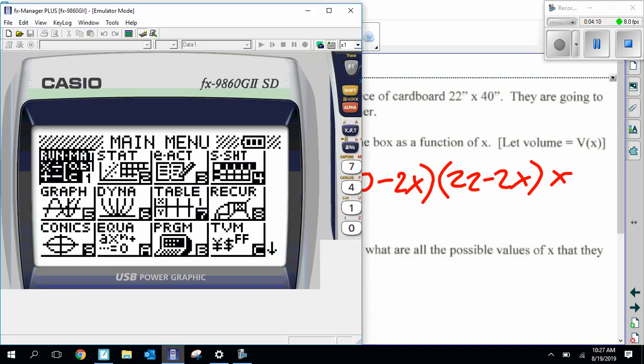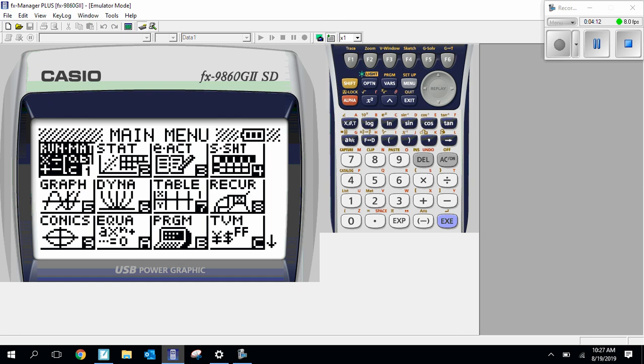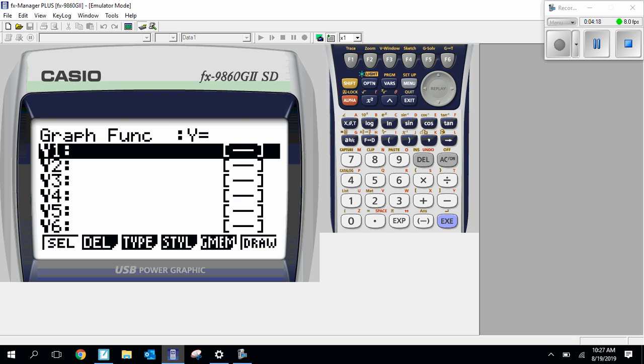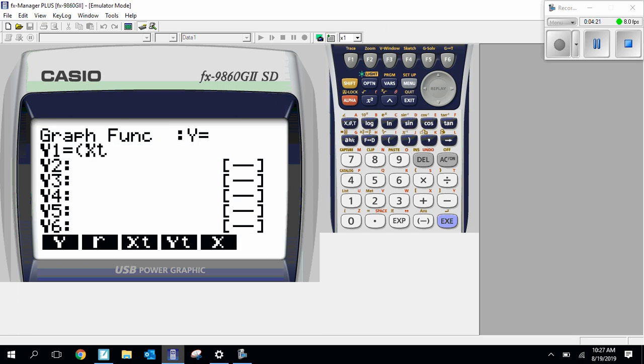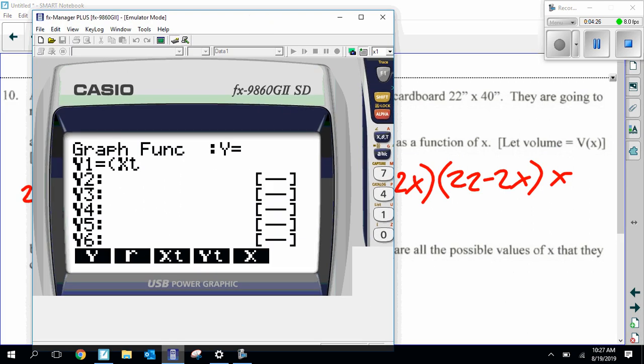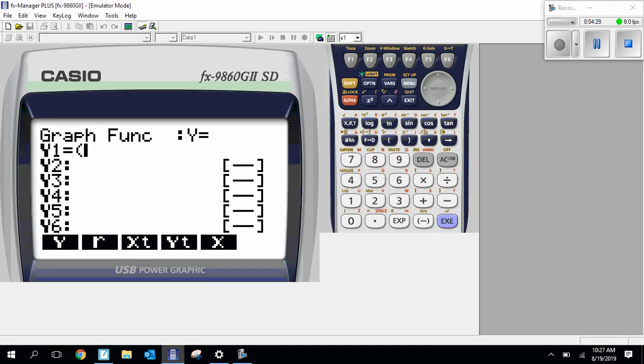So on our calculator, we're going to graph this. So our dimensions were 40 and 22. So 40 minus 2x, (22 minus 2x), and then x.